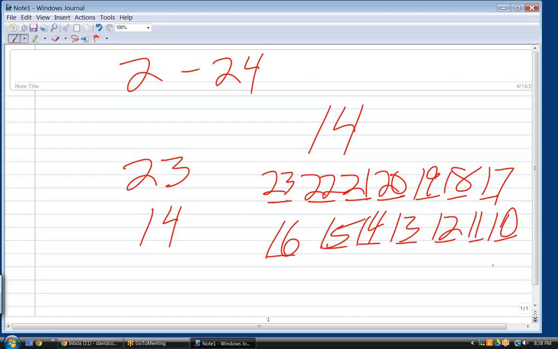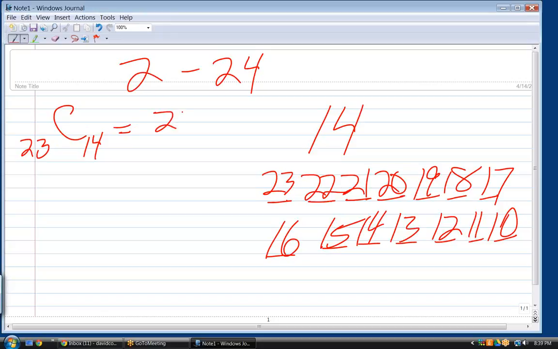Now, is this a permutation or a combination problem? Well, let's figure it out. We certainly know that that's 23 times 22 times all the way down to 10. So if it was a combination problem, it would be 23 choose 14, which is going to be 23 factorial over 14 factorial times 9 factorial.